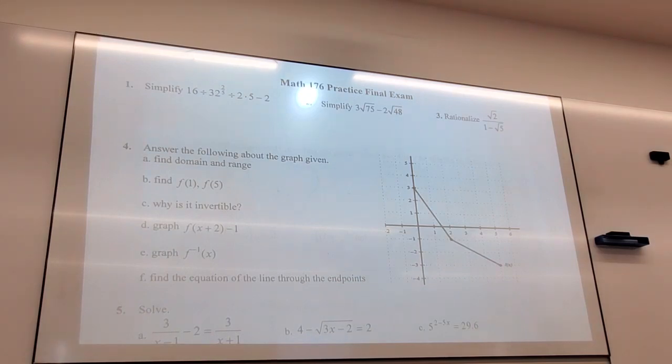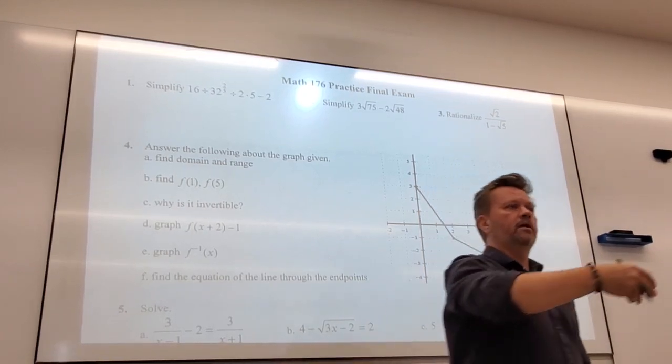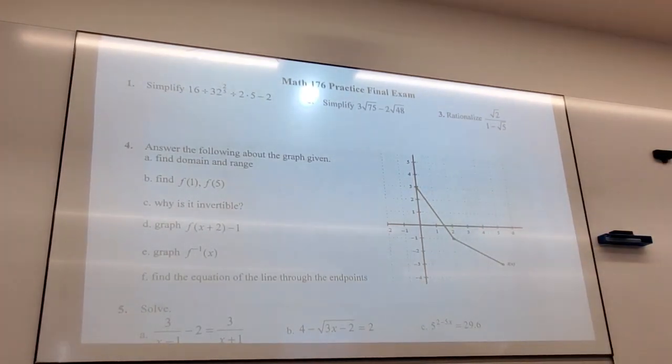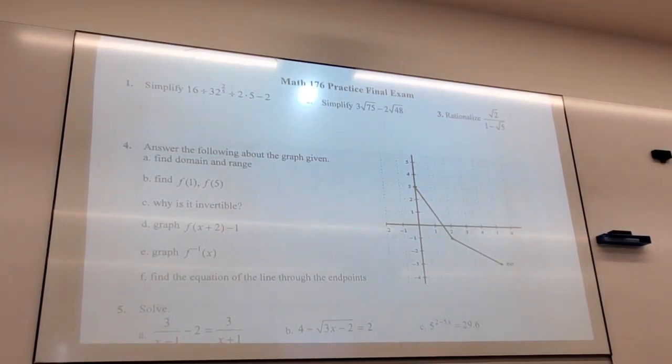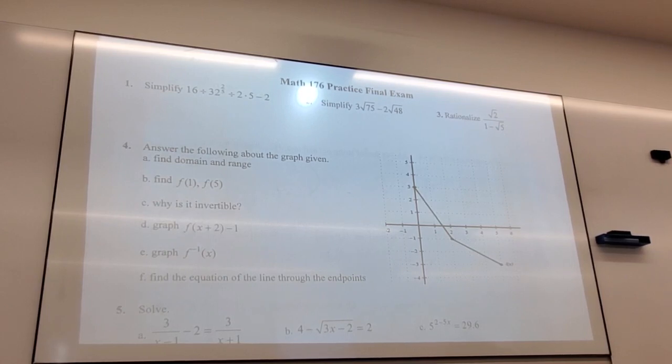It's kind of jarring to start at the beginning. But I don't care. If there's anything on the practice final, or from any test, quiz, or homework, any ideas you want example problems of, this is wide open to whatever we want to look at.